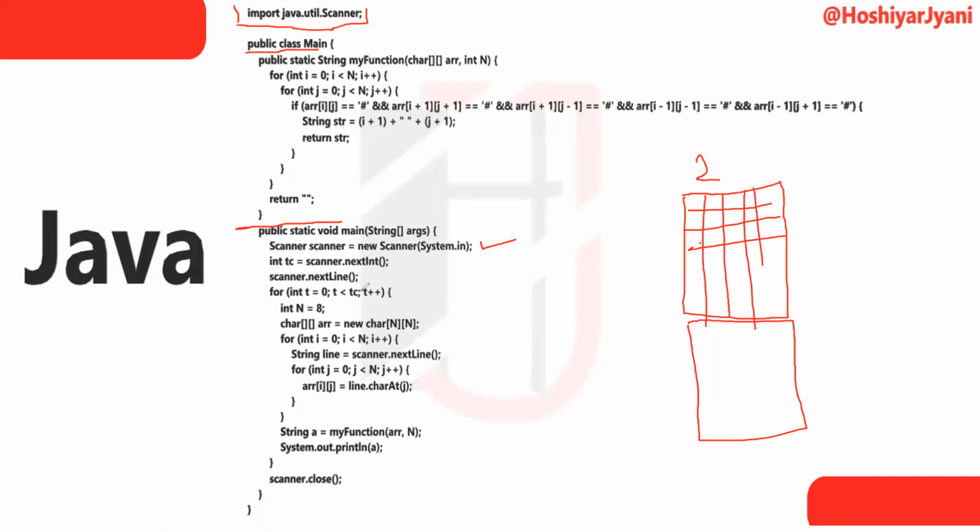I am creating a char array, a matrix in which we can store the characters: char double array, and the name of the matrix is array, equal to new char, where we describe the size of the row and column. So this array is created, meaning the chessboard is created here, but it is still empty.